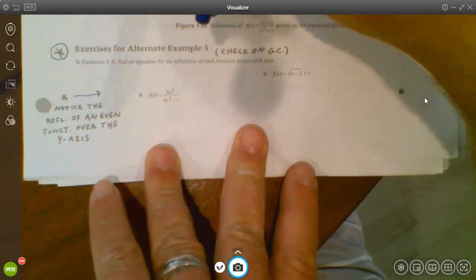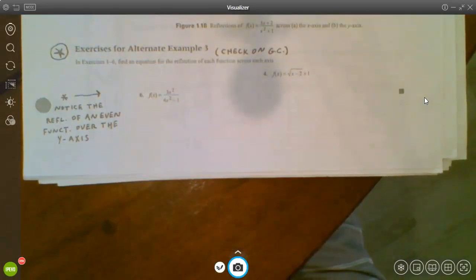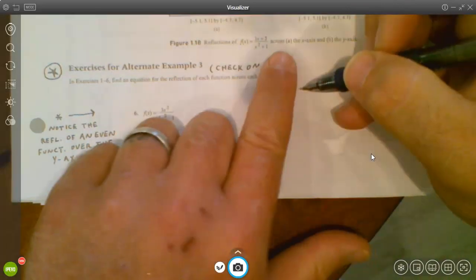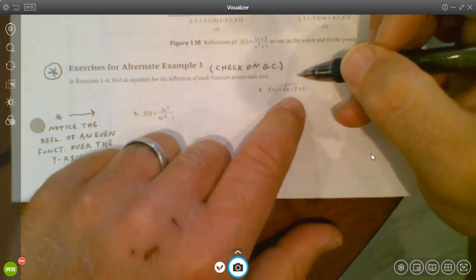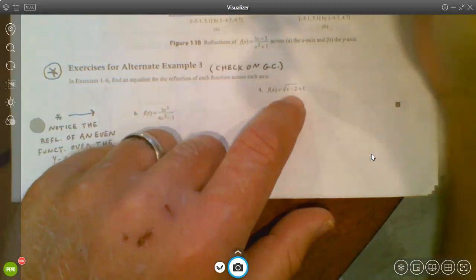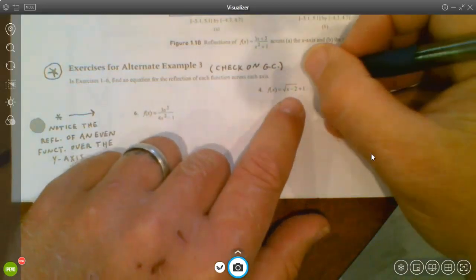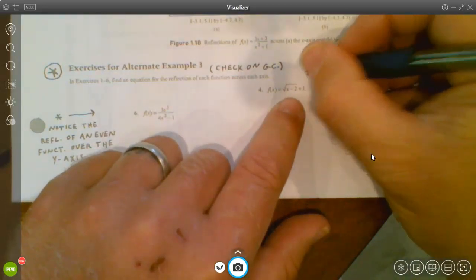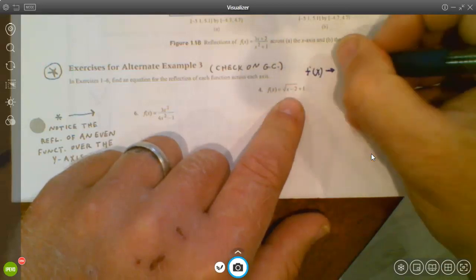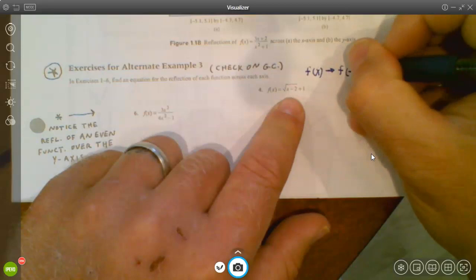And we can check these on the graphing calculator after we've done it just to make sure it looks correct. So let's just follow the rules on these ones. If I wanted to reflect this across the y-axis, in other words, reflect it left and right, that means f of x would become f of negative x.